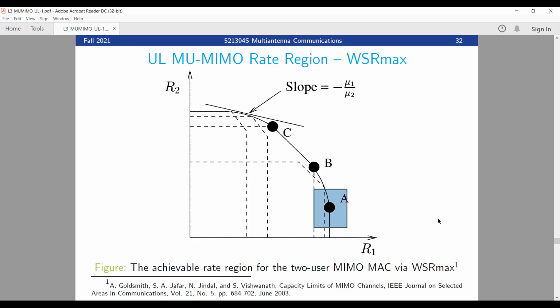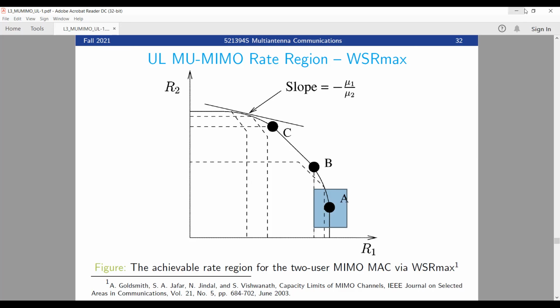User 1 is interference free. Right. So how would be the covariance matrix for user 1? What is KX1? Point A. Single user.